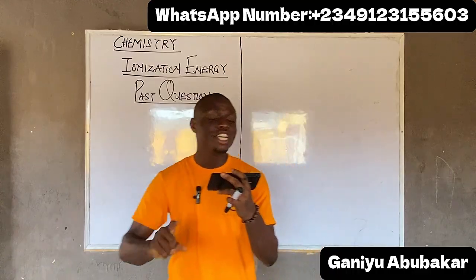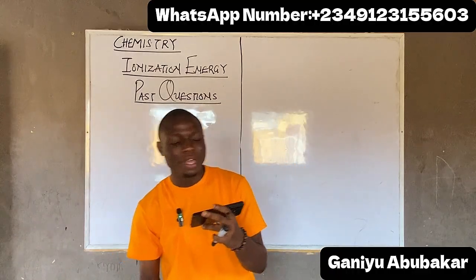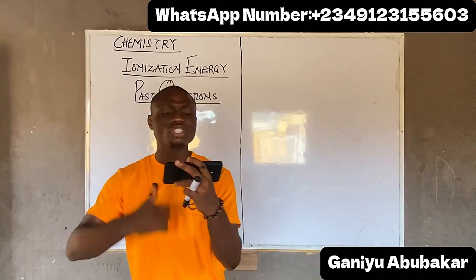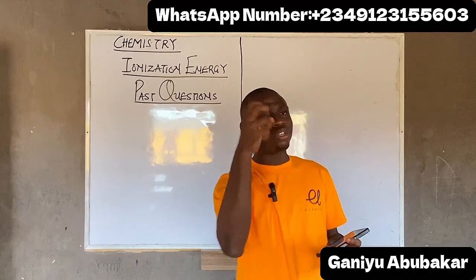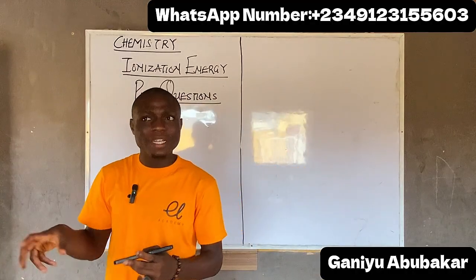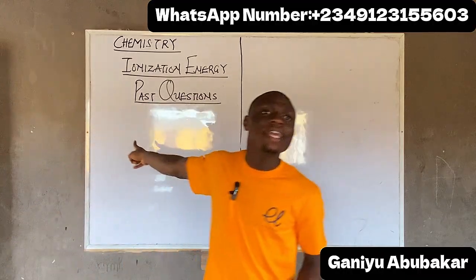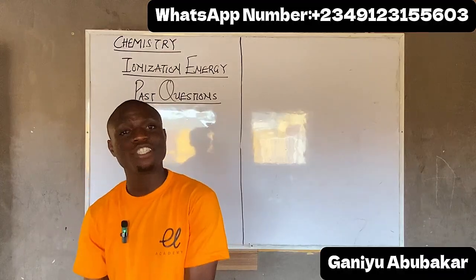It says, in order to remove one electron from the 3s orbital of a gaseous sodium atom. I am removing an electron from a gaseous element, and we said for IE the element must always be in gaseous state.